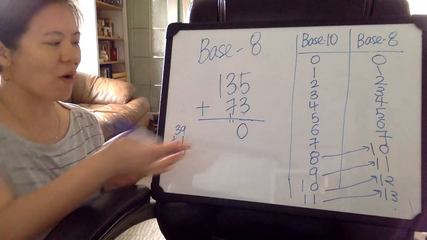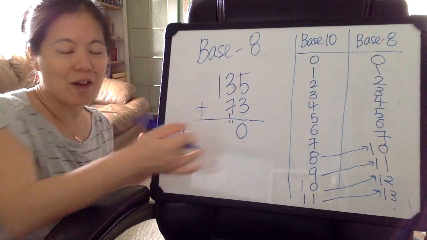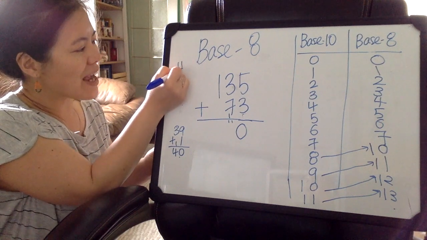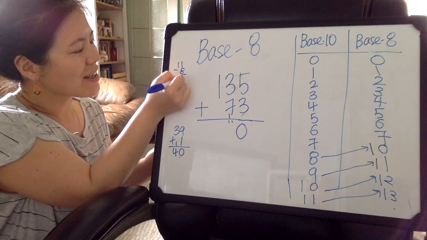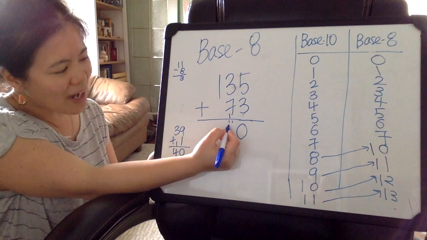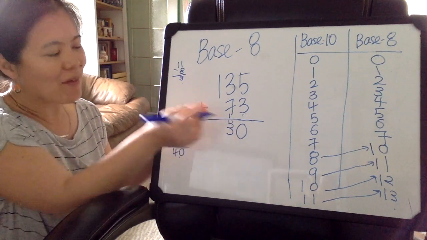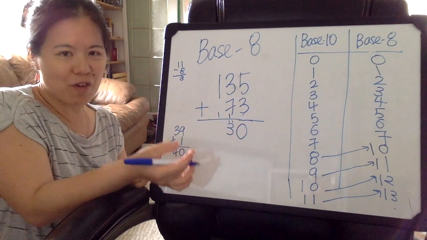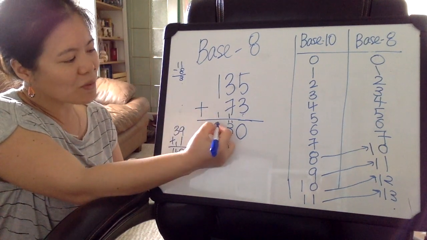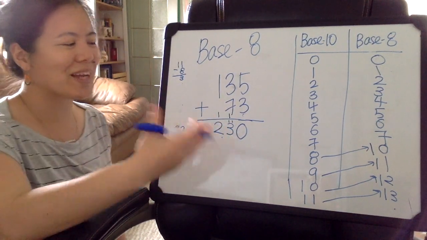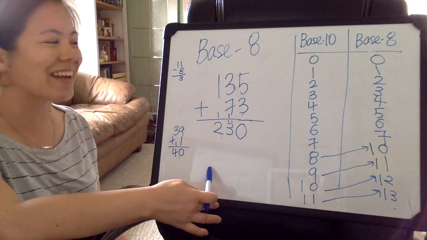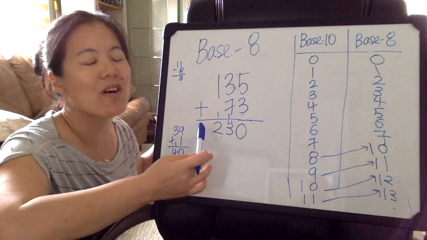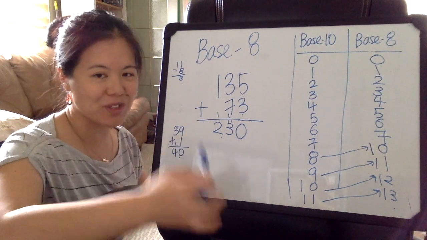So we want to know after 11 how many 8s we have. So 11 minus 8 is 3. So 3 can just be here, but I have one chunk of 8. So one chunk of 8 is carried over, so I have 2. So if I'm doing addition using base 10, 135 plus 73, I am not saying that the number is 230.